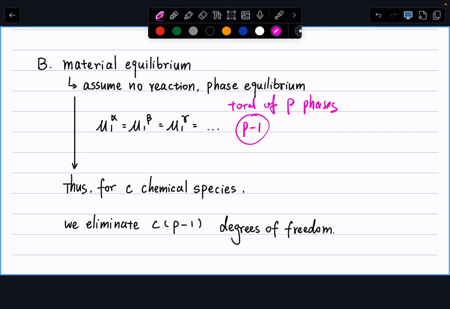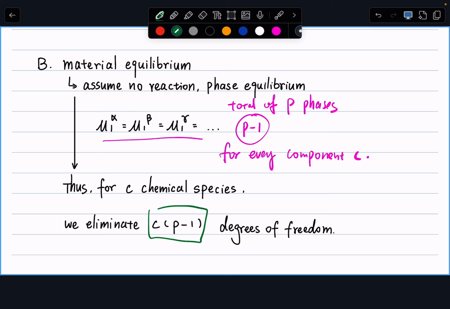But we can only eliminate P minus 1 degree of freedom for every component or chemical species. So for every component, we have this relationship, and hence for every chemical species, we eliminate P minus 1 degree of freedom. So that's coming from phase equilibrium.